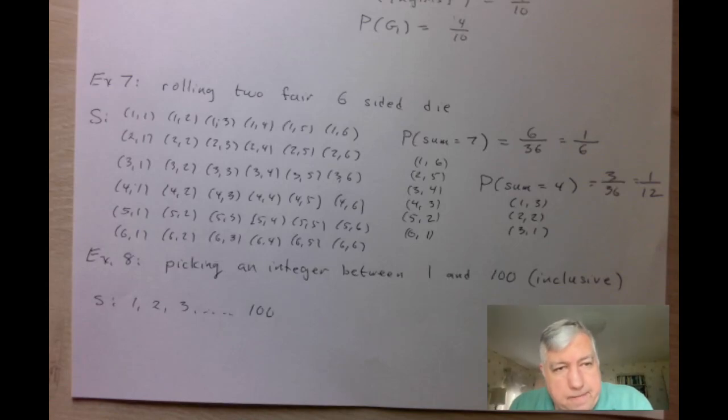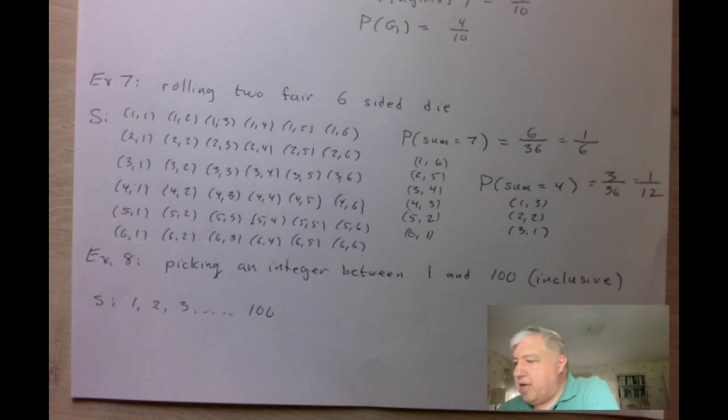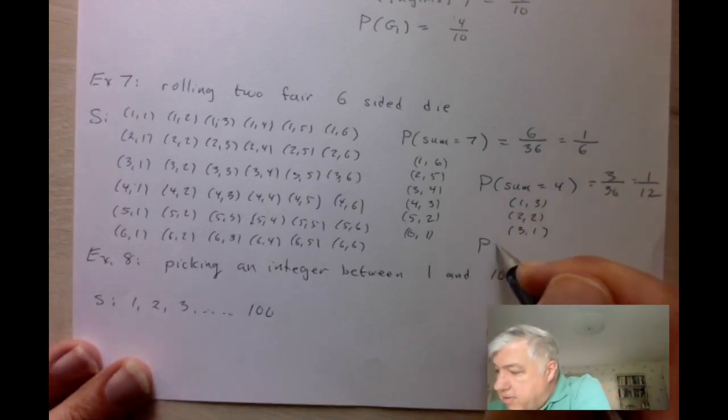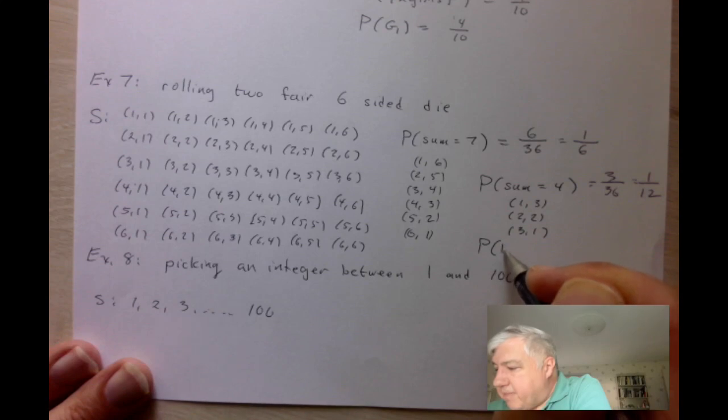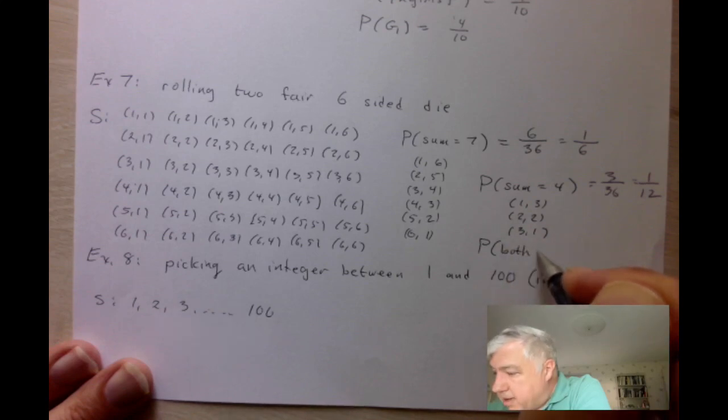And there are some other ways, but as you can see, we don't have enough room to do any more examples. I would say maybe try and check the probability that both are even.